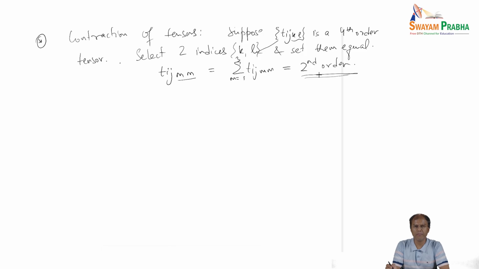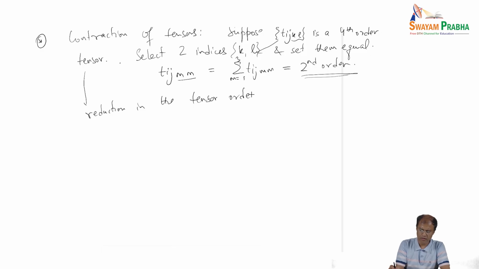From this example, we learn that the moral of the story is that contraction reduces the order of the tensor by a factor of 2.